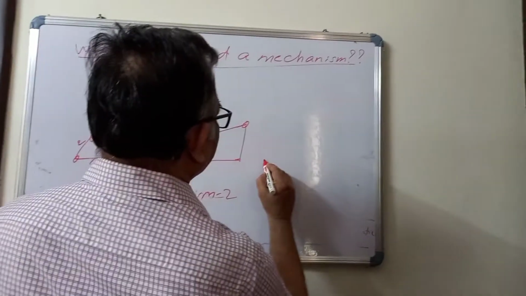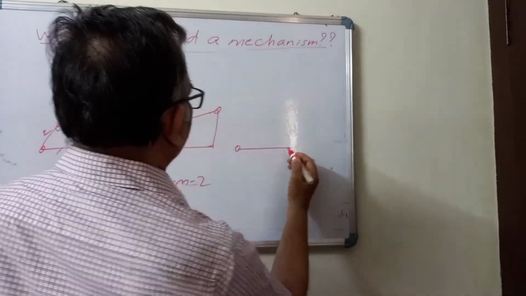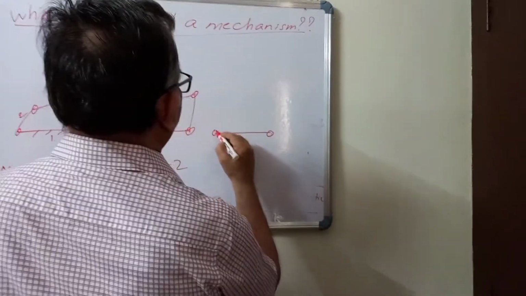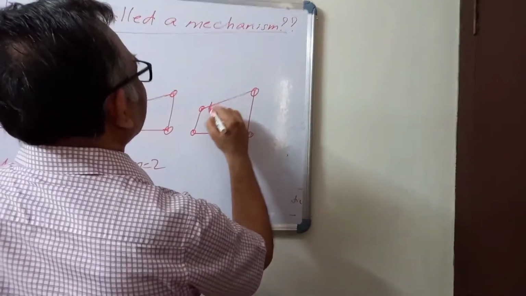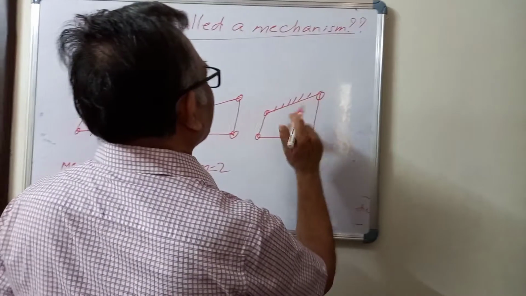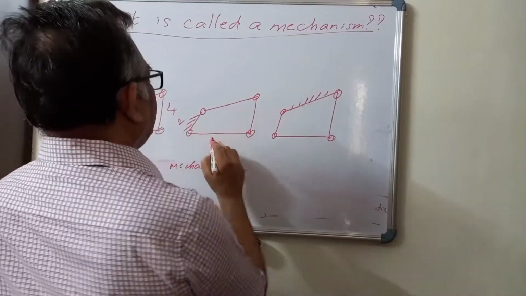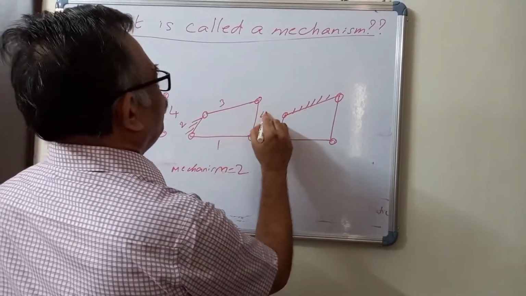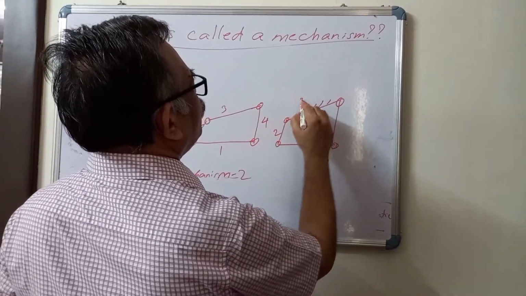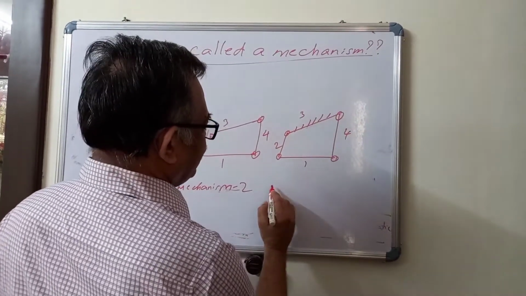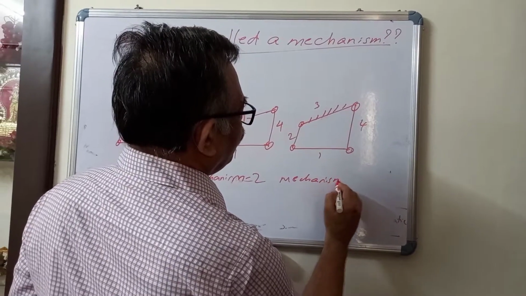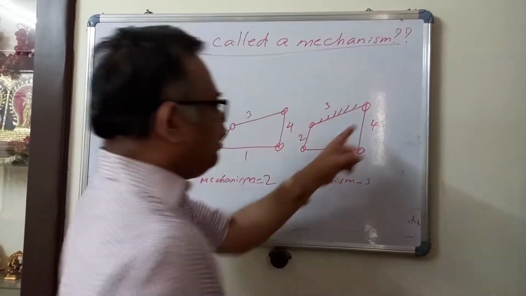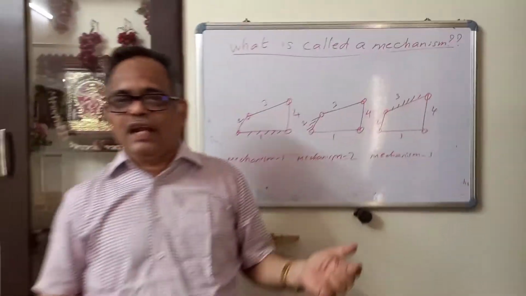If you take the same thing and fix this link, this is mechanism 3. Links 1, 2, 3, 4, and link 3 is fixed. Now it is mechanism 3. By fixing link 4, you will get one more mechanism.